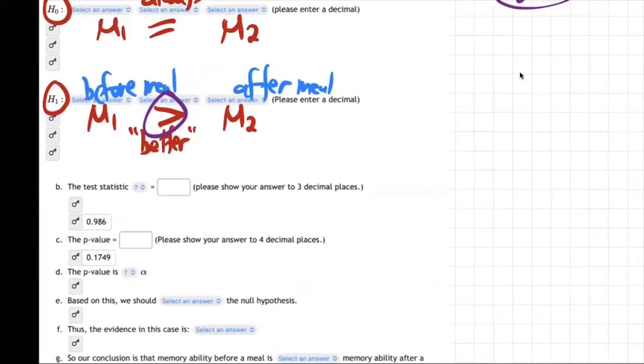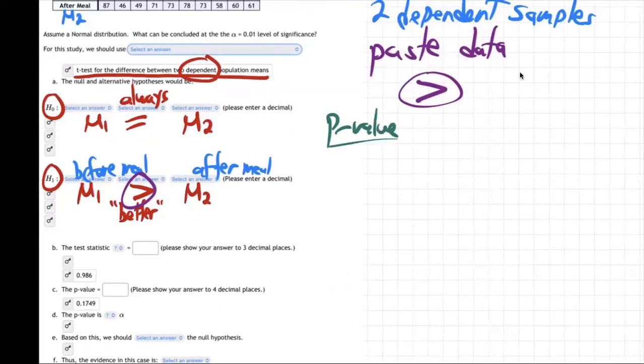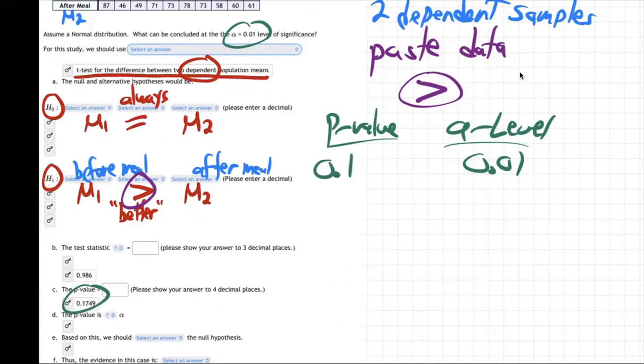So now we're ready to wrap up this question. I'll write P value and alpha level. The alpha level is right here, 0.01. The P value is right there, 0.1749. So what's the story? 0.17 is obviously greater than 0.01. What does that mean?